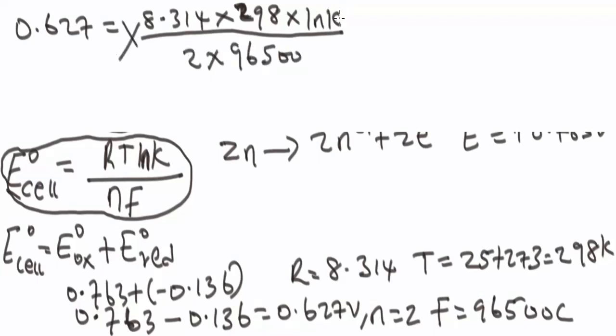So when you cross multiply, you're going to have 2 times 96,500 times 0.627.